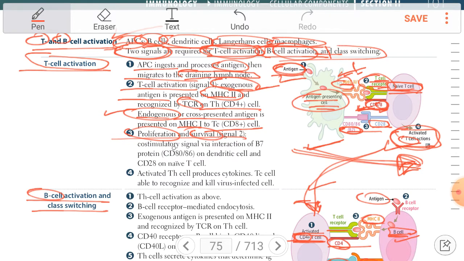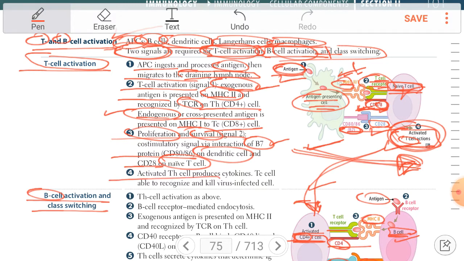So there is co-stimulatory signal via interaction of B7, which is CD86, on dendritic cells, and CD28 on naive T cells, leading to activation of T cells.